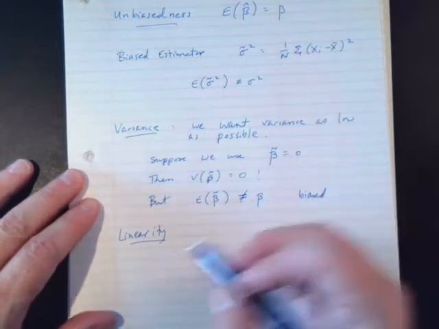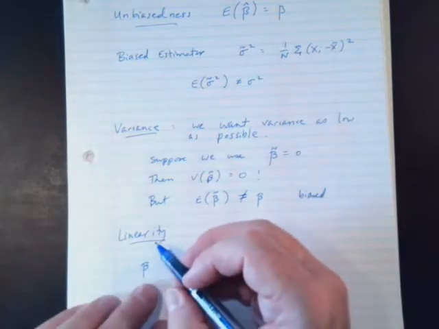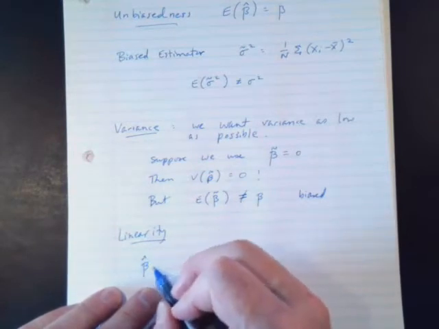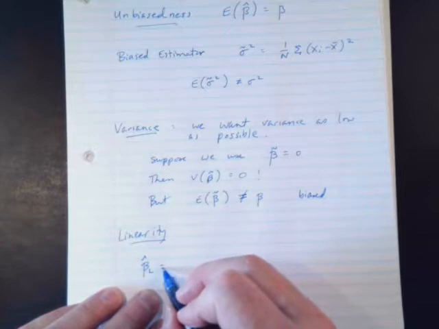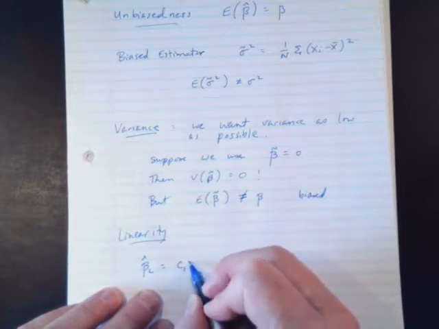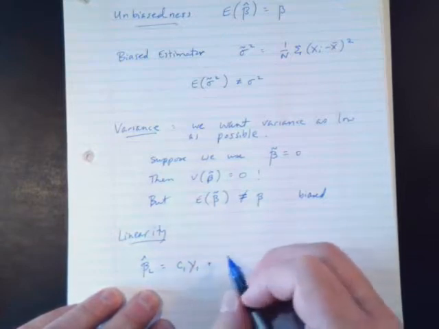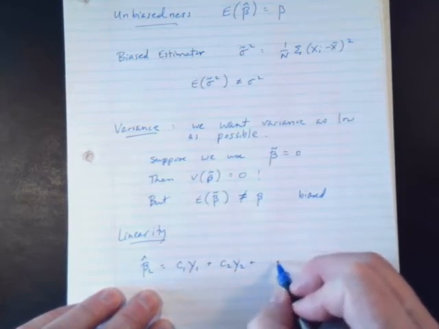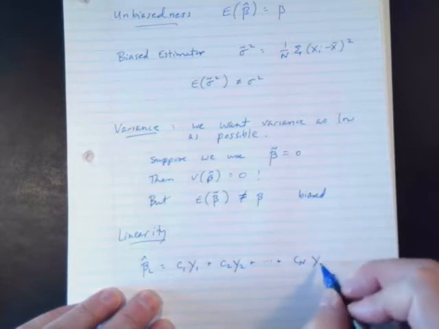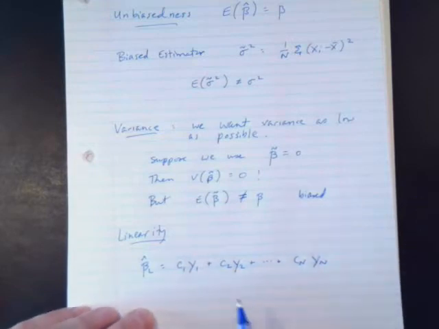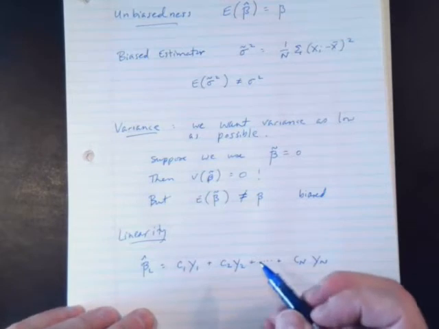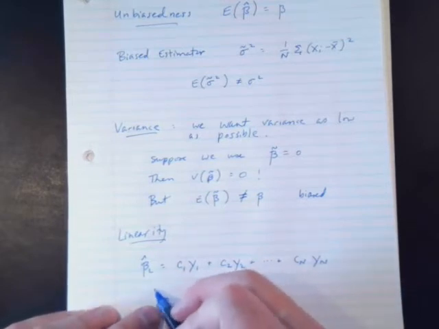So that means that if it's a linear estimator, then we can write it as a linear function of the y values. And since the y value is normally distributed, that means beta is normally distributed.